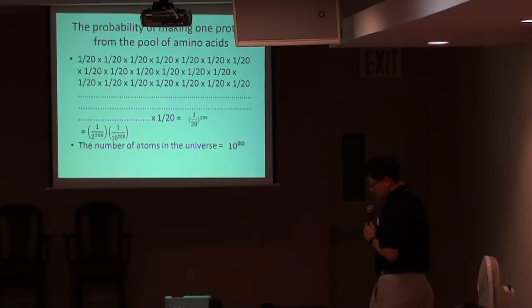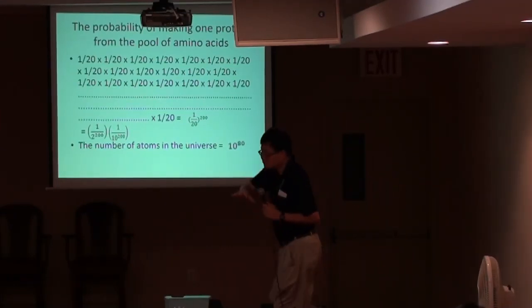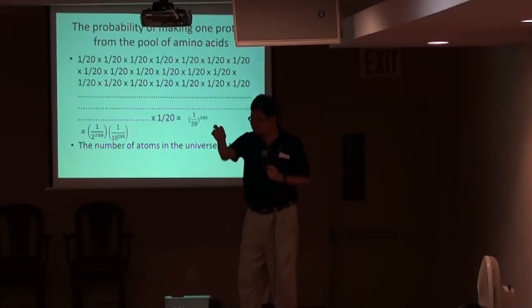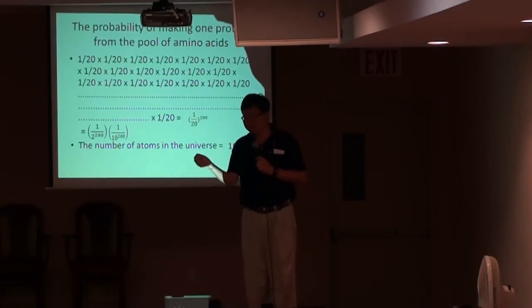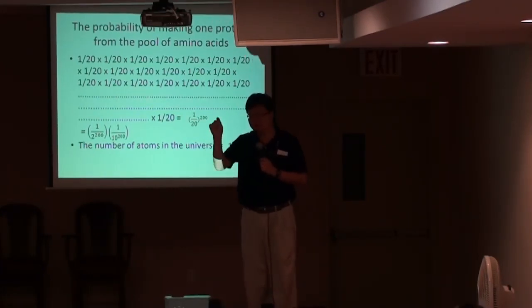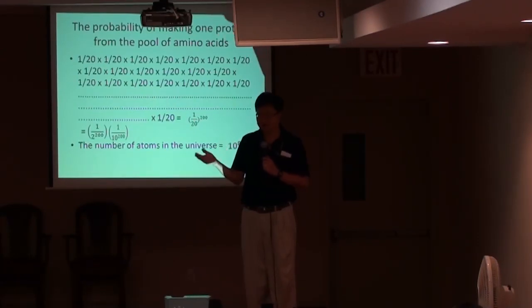This one I'm going to explain. Because we have 20 different amino acids, the first one has to be chosen out of 20, right? So for the first amino acid, the probability of choosing the right one is 1/20. Correct? For the second amino acid, also 1/20. That's the probability. Times how many? How many chains do we have to do?